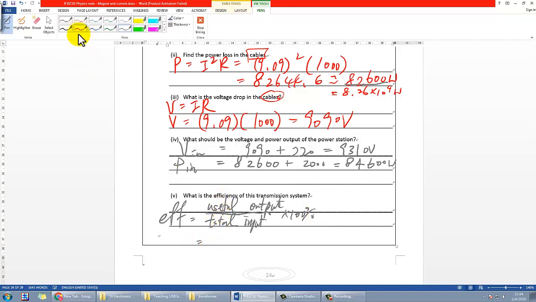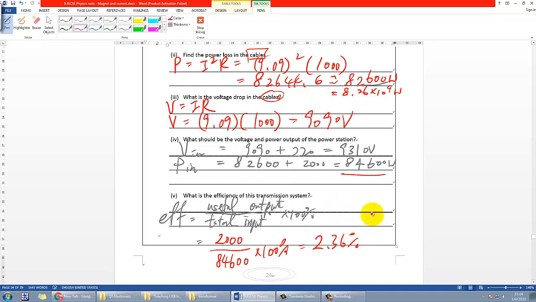So right here, what we have for actual output is 2000 in the building, and the input is the one that you calculated, so 84600. If you try to calculate this, you will find, I mean, even without calculation, you should already know, the efficiency is only 2%.